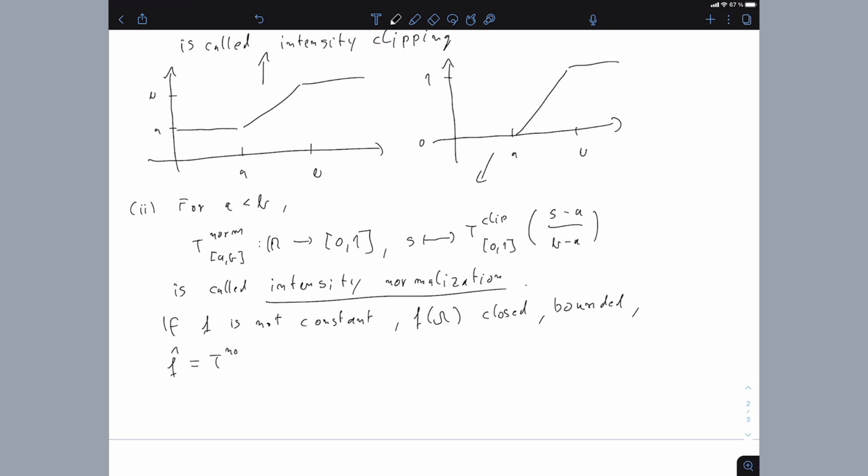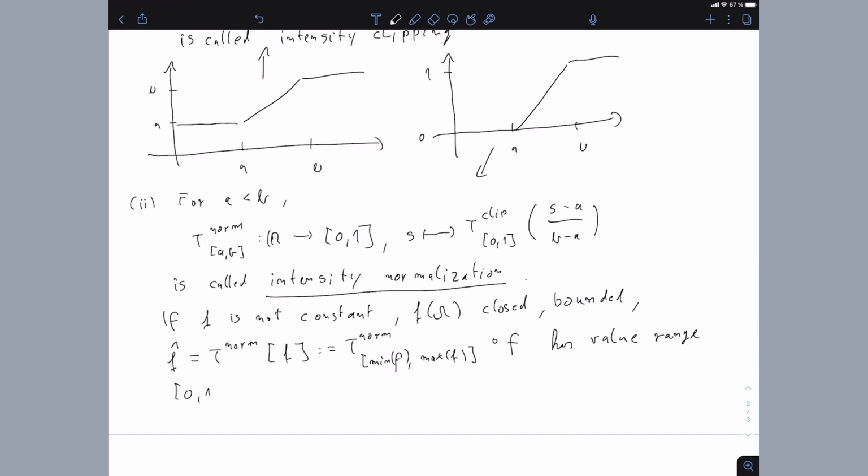Then we get f hat, which is just t norm of f, and t norm of f without any interval specified here means that I'm using the minimum of f and the maximum of f as lower and upper range value. So this is value range 0, 1.